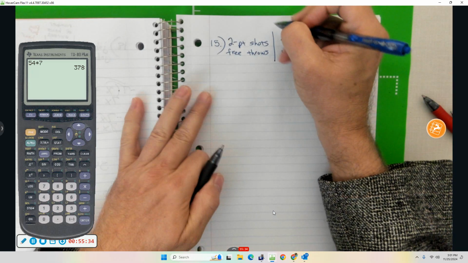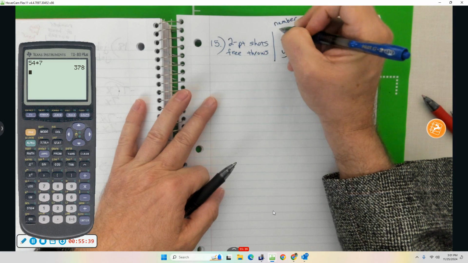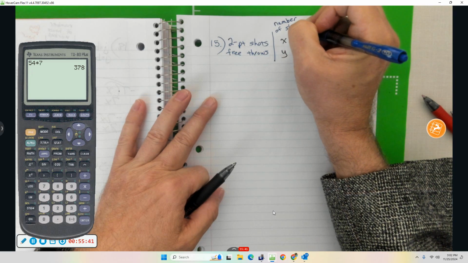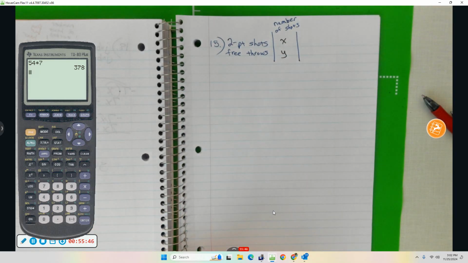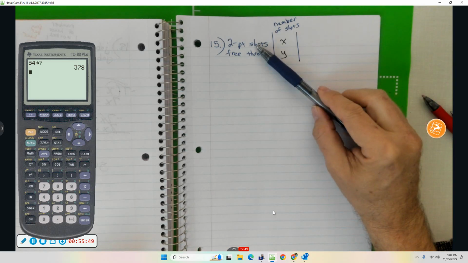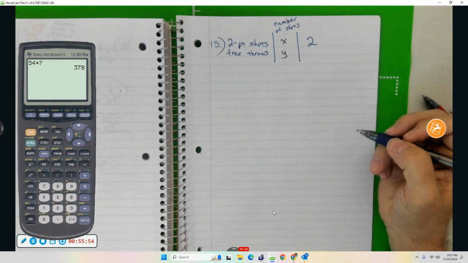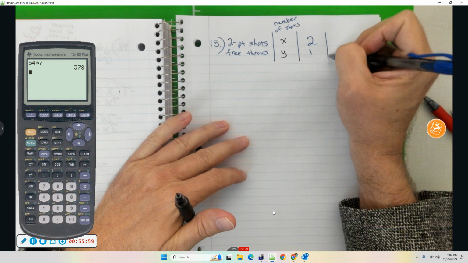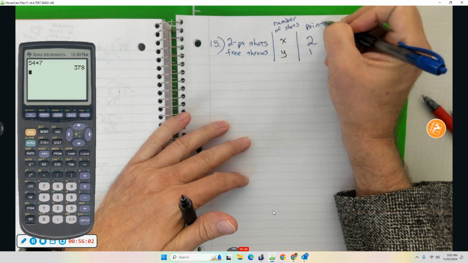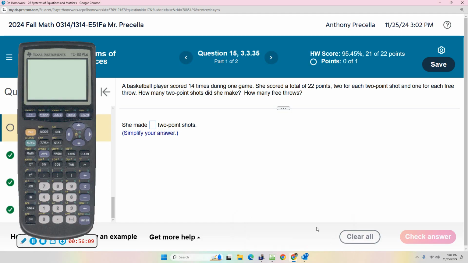This is the number of shots. And we know something else. We know that each 2-point shot is worth 2 points. What about each free throw? How many points is that worth? 1. So that's the number of points per shot. Still just reading, dissecting the problem.